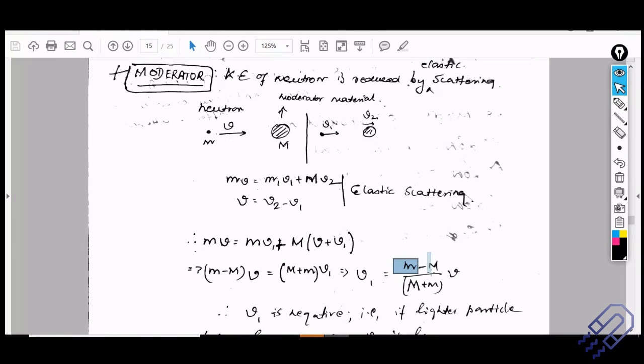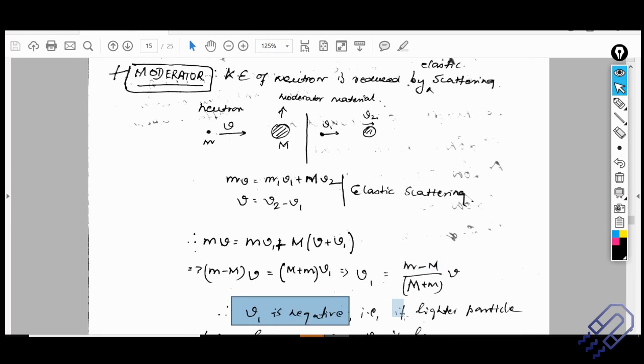If this is greater than capital M, v1 will actually become negative for a lighter particle. For a lighter particle, we have a small value subtracted from a larger value, so this v1 is going to be negative.